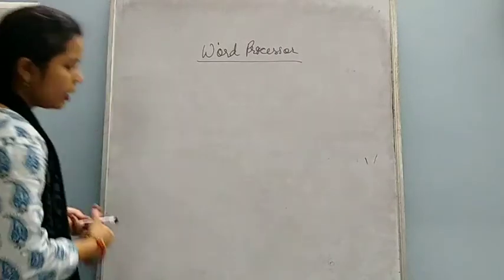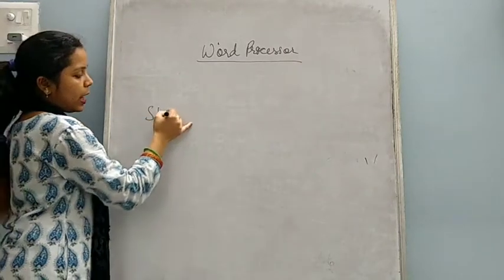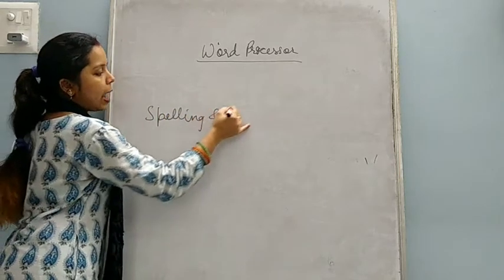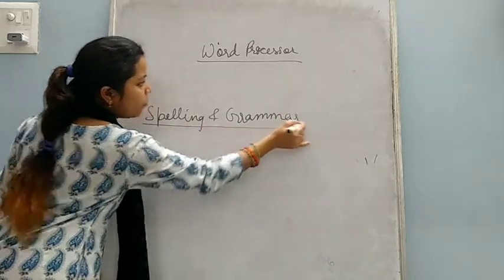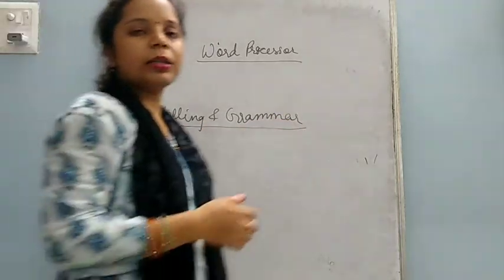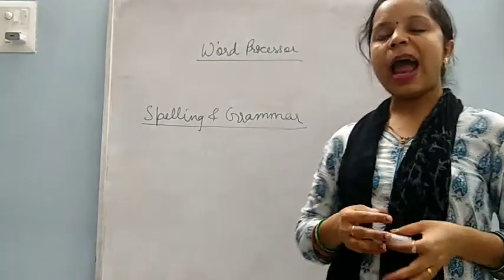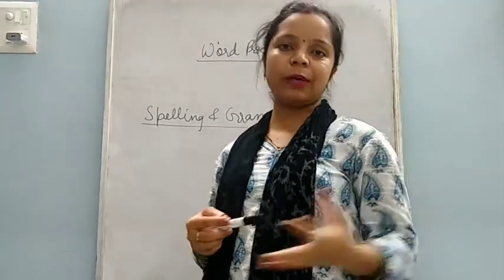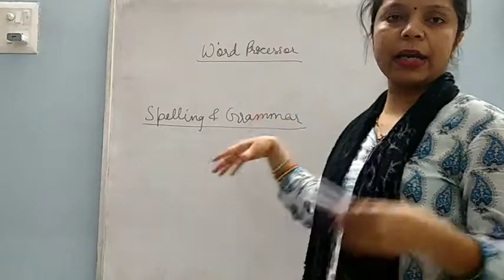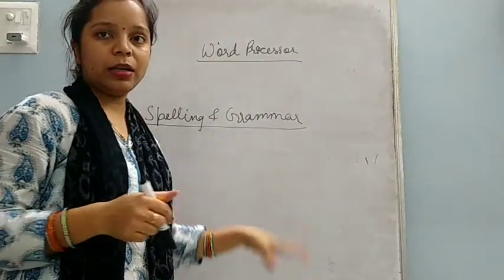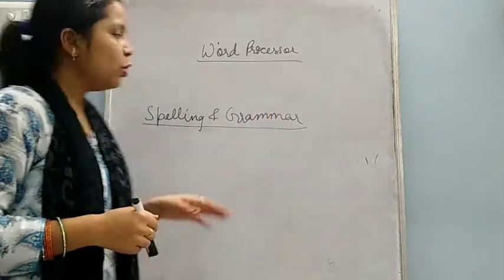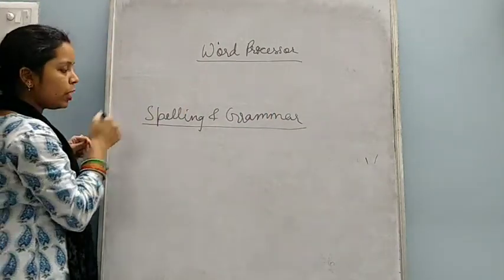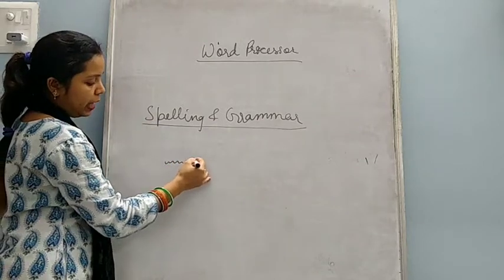Now the next one is spelling and grammar check. This is a very good option in a word processor. Suppose you are typing a paragraph and you don't know the spellings of the words properly, or you don't know how to write correct grammar. In MS Word, this is checked automatically. Suppose you are writing a paragraph and have made some spelling mistakes. MS Word will underline that word with a wavy line.